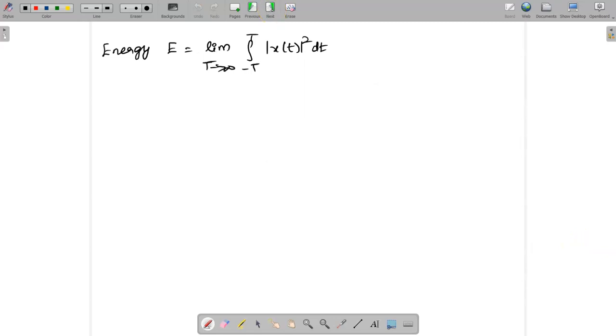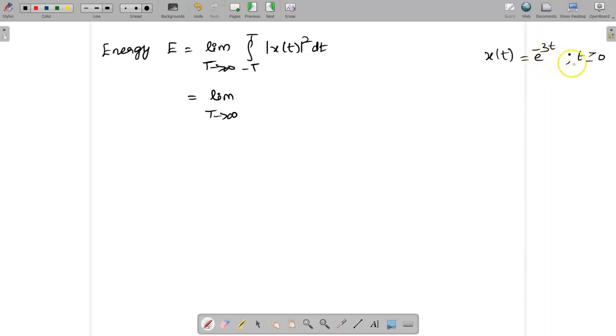So energy E is limit T tends to infinity, and this is the formula. We have already determined that x of t is e power minus 3t, and this exists only for t greater than or equal to 0. So as a first step, limit T tends to infinity.